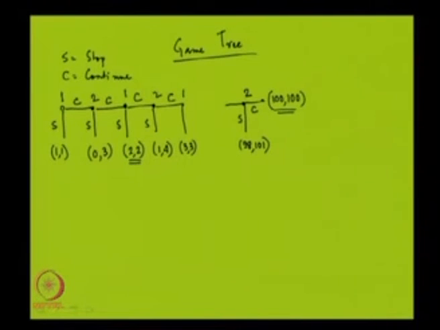So, 101 becomes 100 for him, and 2 rupees will be added to player 1's pile, which is why it becomes 100 from 98. So, if I look a little backwards, then this is C, this is 1, this is S, and it will be 99-99, sorry.